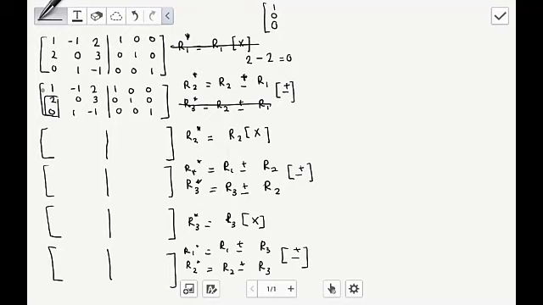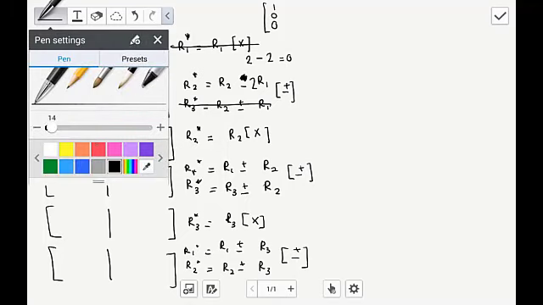My row 1 is 1, not 2, and we have decided we're going to minus. So how do we get 2 here? I'm going to multiply row 1 by 2 so that I get 2. I hope you are following. Now, let's look at the operation.